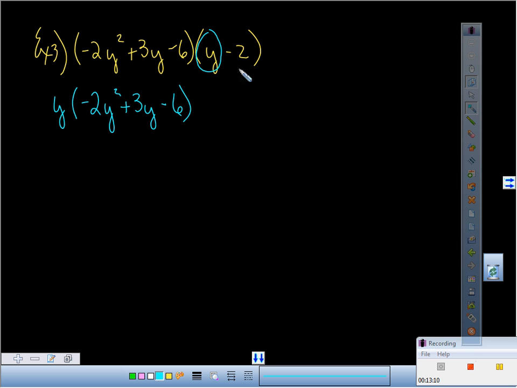And then I'm going to take 2 and his sign. I don't care if it's negative or positive, you have to write the sign down, okay? And we're going to multiply him by all that. So negative 2 times negative 2y to the second plus 3y minus 6. And now it's just distributing, okay? I'm going to show you one little trick that you can do when you distribute.